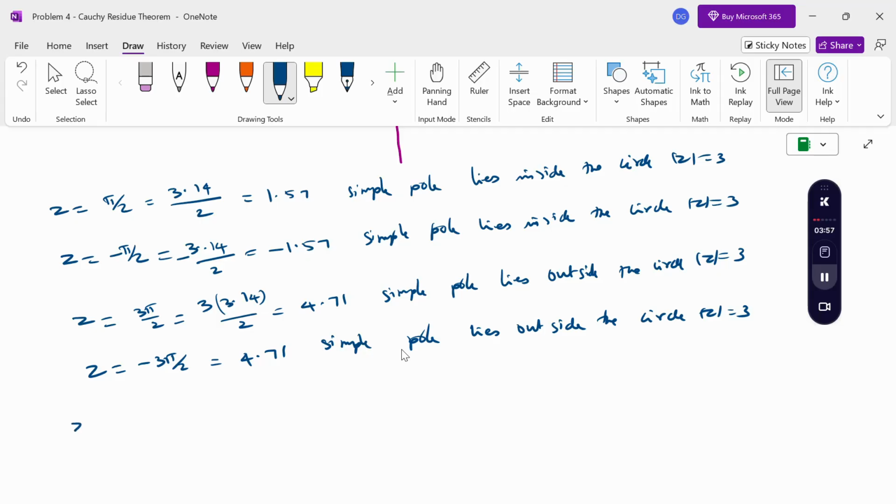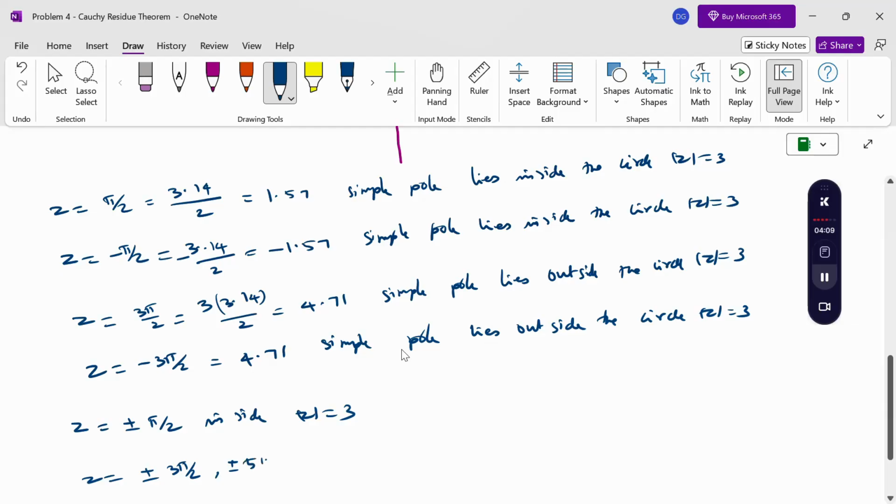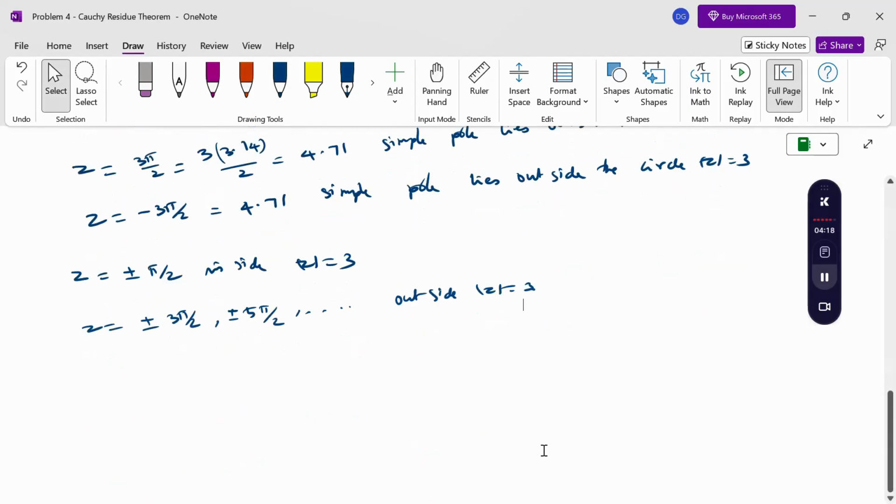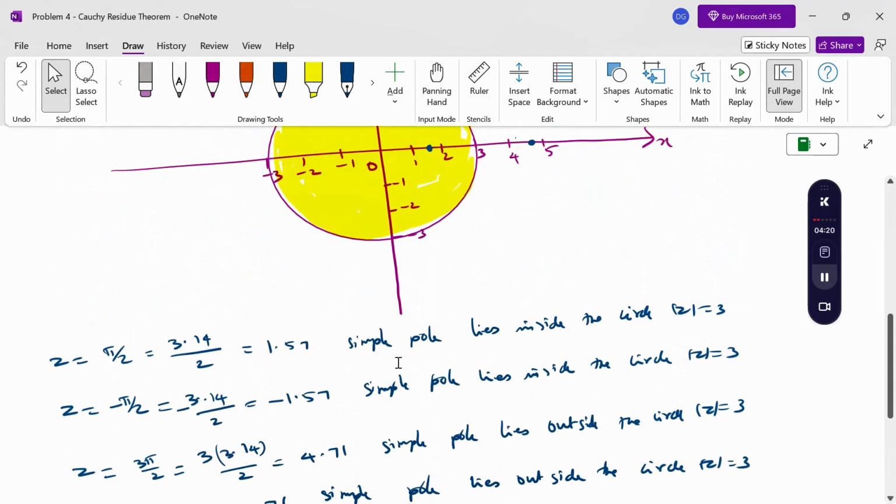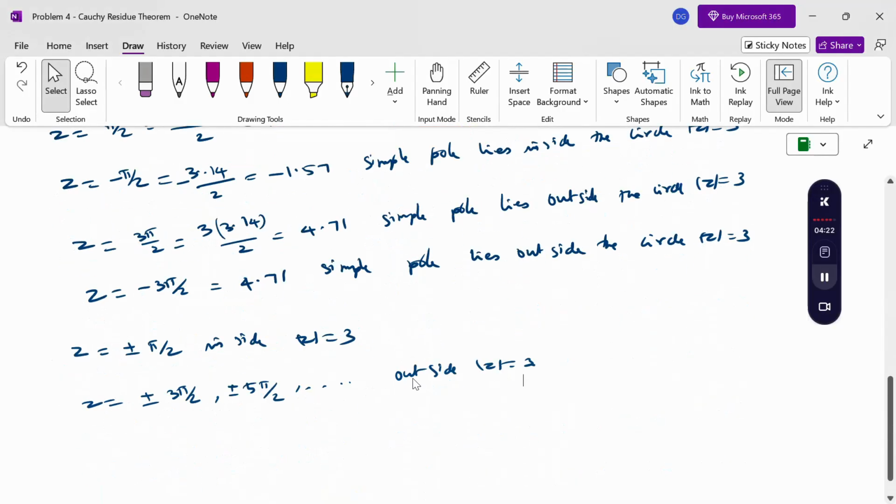Therefore, Z equal to plus or minus pi by 2 are inside the circle, and plus or minus 3 pi by 2, plus or minus 5 pi by 2 and all other points are outside the circle. Therefore we have 2 points, residue 1 and residue 2.